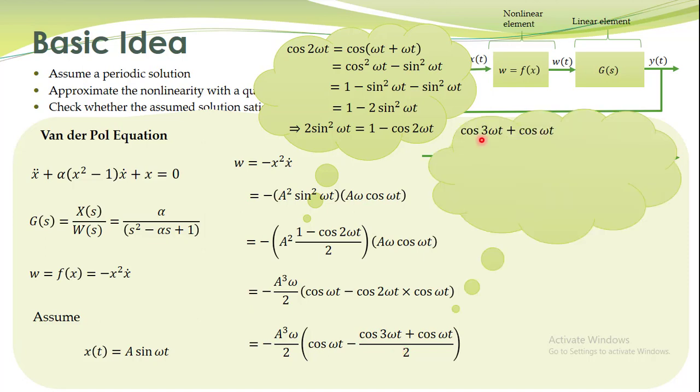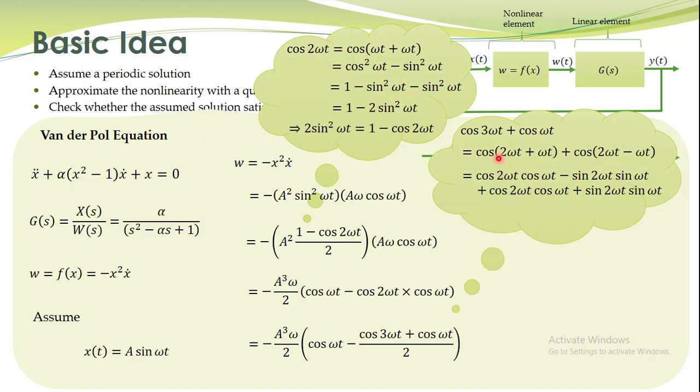You know that cosine 3 omega t plus cosine omega t can be written into this form. This is cosine 3 omega t plus cosine omega t. Just expand it. What do you get over here?